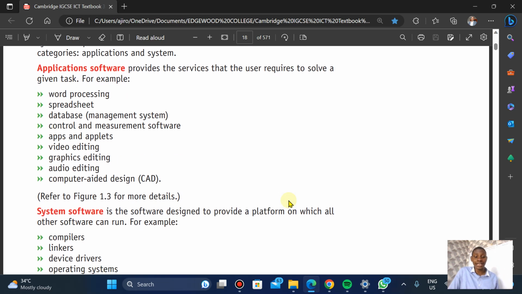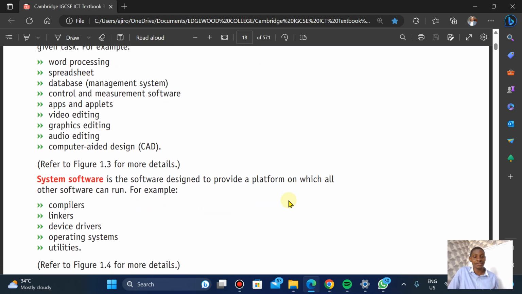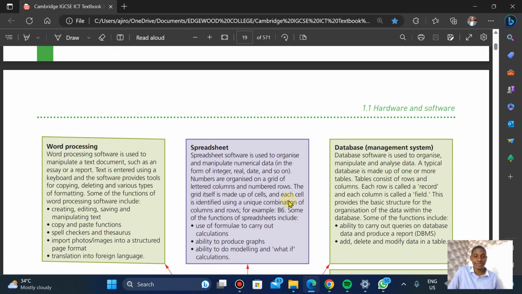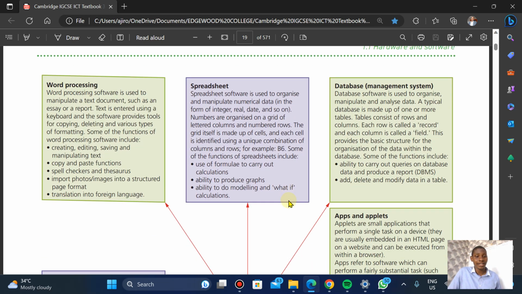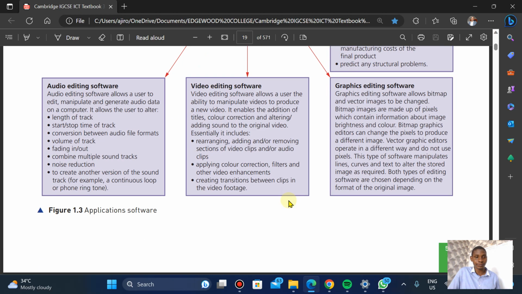Examples: we have the compilers, the linkers, the device drivers, the operating system, and the utilities. So we have all of them here, examples of what each of them can do as much as possible.